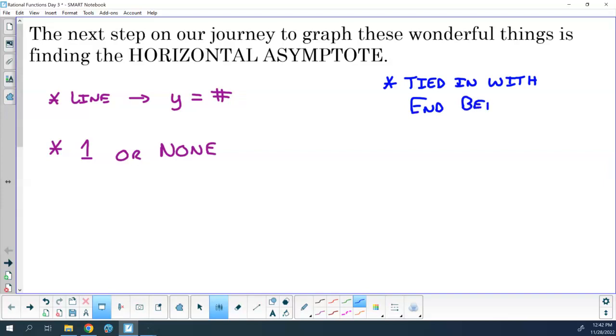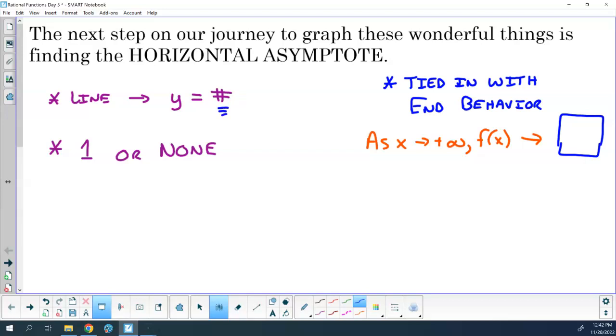So when I'm asking you to figure out what the end behavior is, if I would draw out an end behavior as x approaches positive infinity, f of x approaches this number right here, that when we fill in that box, that's going to be this number right there. So the number that we approach on the left and the right side of the graph, the functions are going to end at their horizontal asymptotes.